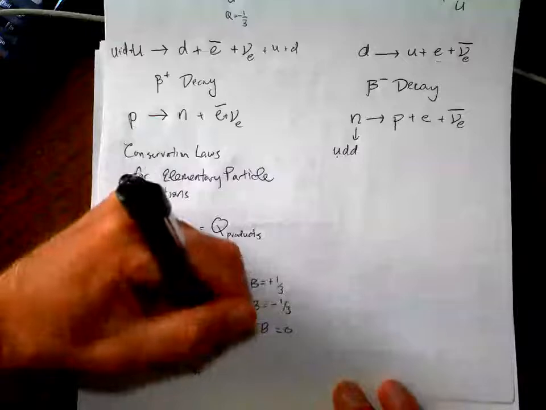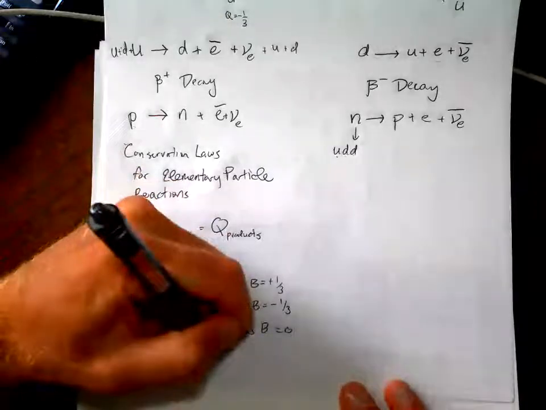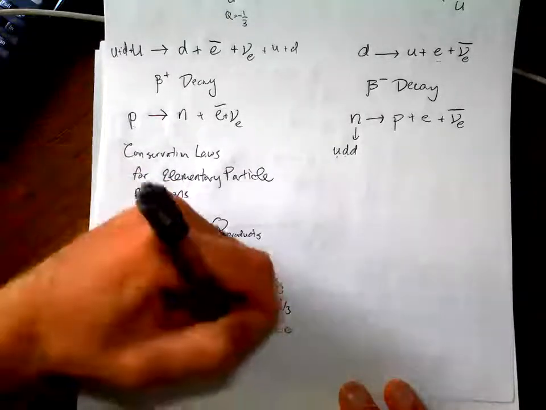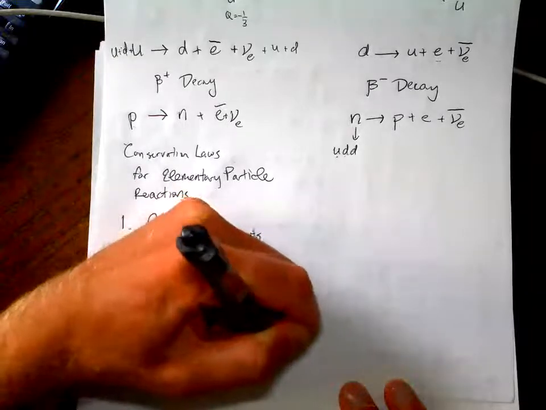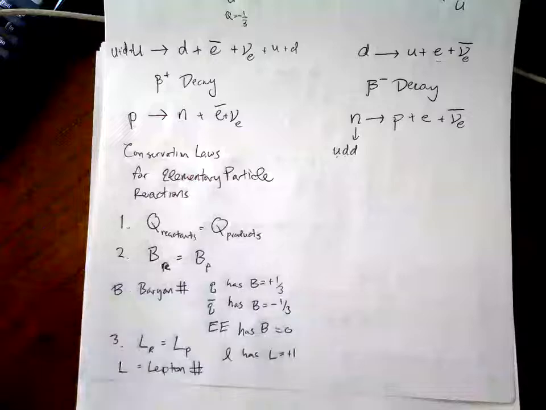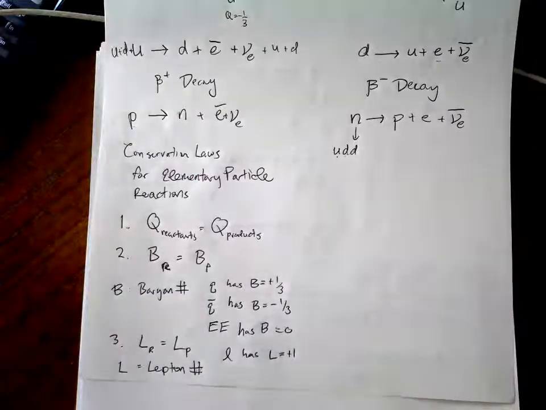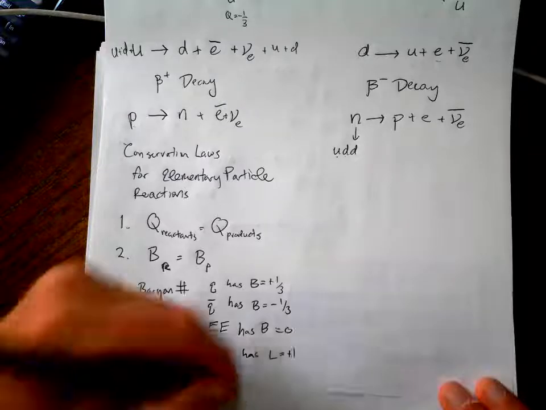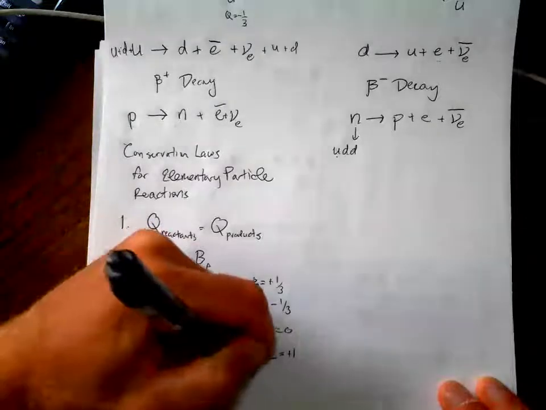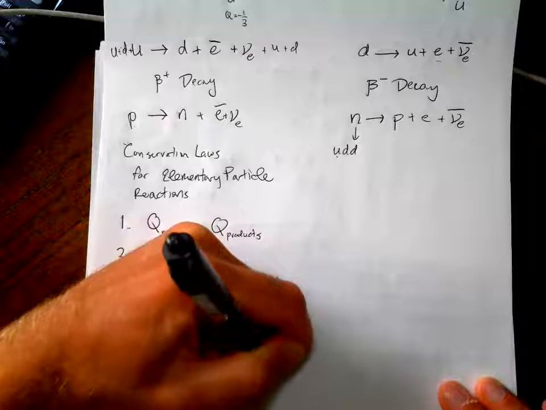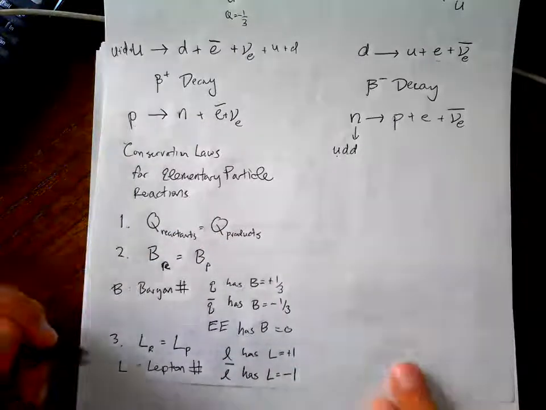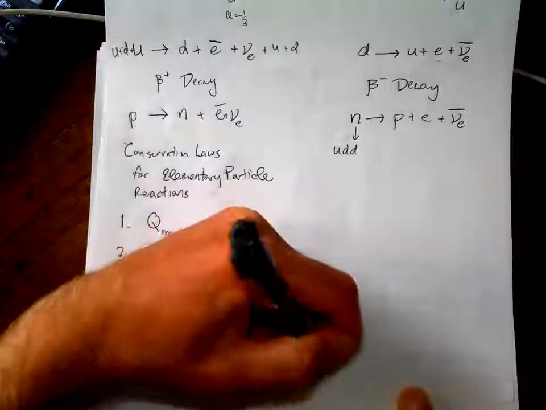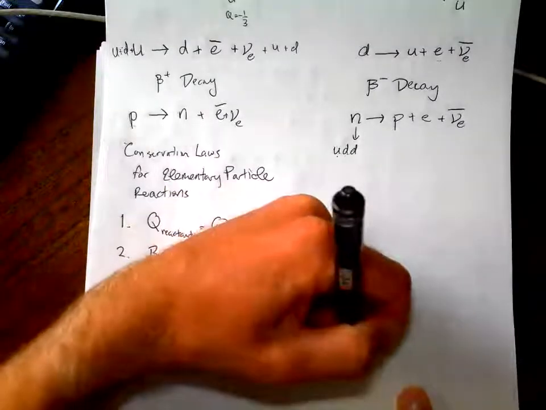Basically any lepton has a lepton number of plus 1, for example electrons, electron neutrinos, muons, muon neutrinos, taus, tau neutrinos. An antilepton has a lepton number of -1, and everything else has a lepton number of 0.